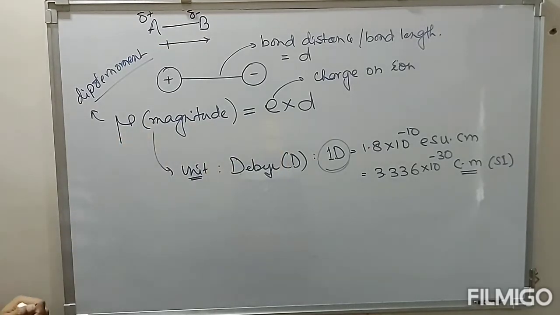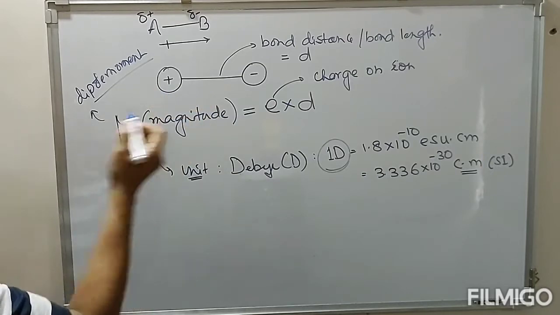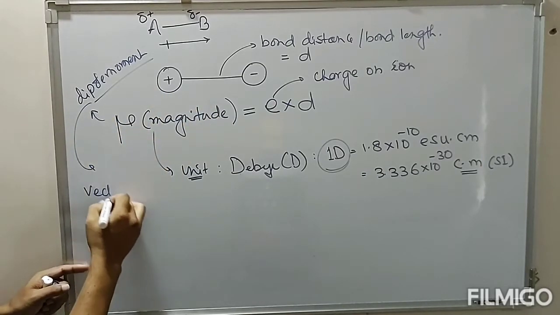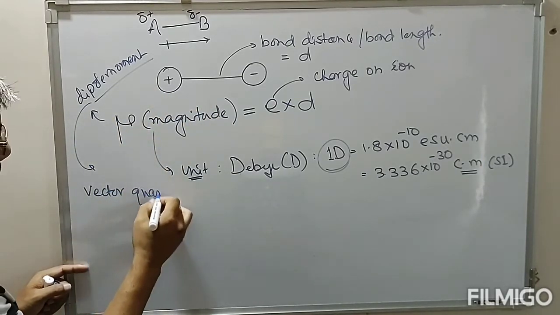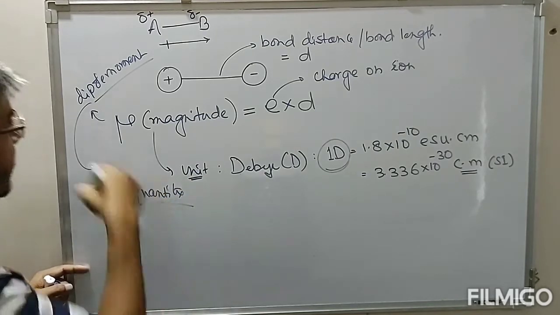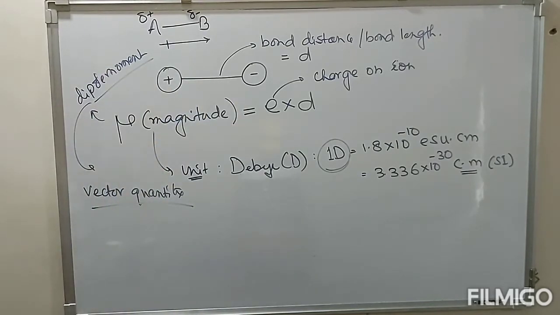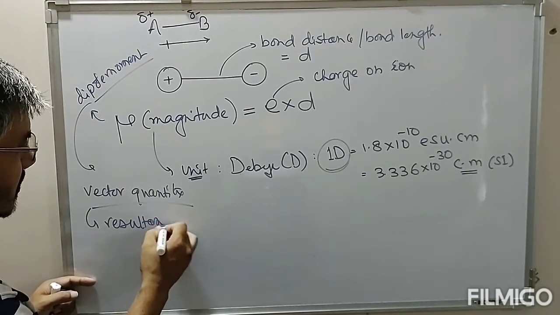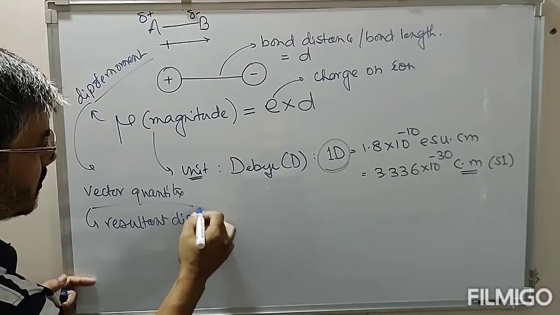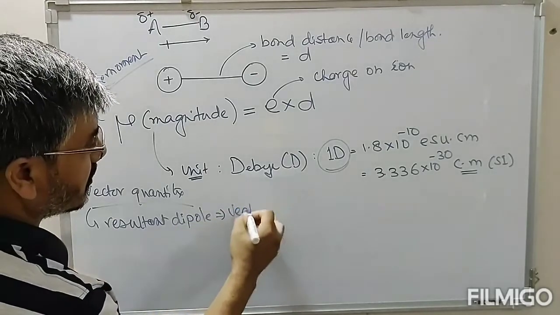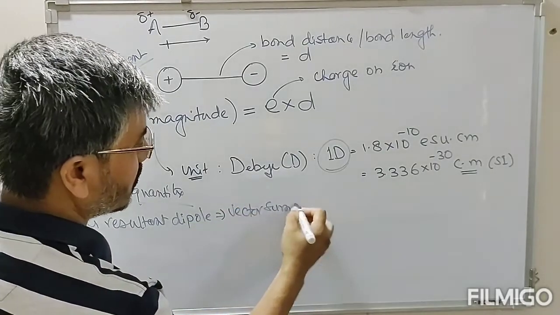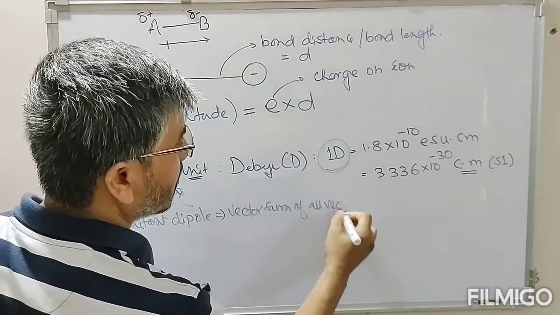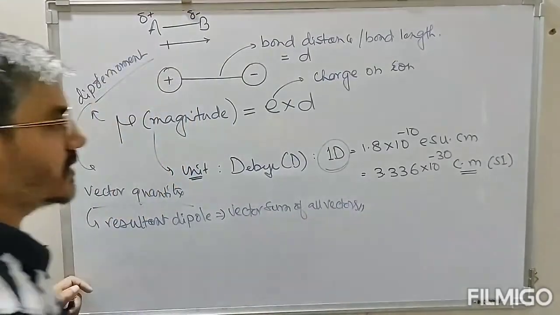Now look at this. This dipole moment, as I told you, is a vector quantity. So since we have a vector quantity, to define the resultant dipole we have to take the vector sum. So the resultant dipole will be the vector sum of all vectors present in the molecule.